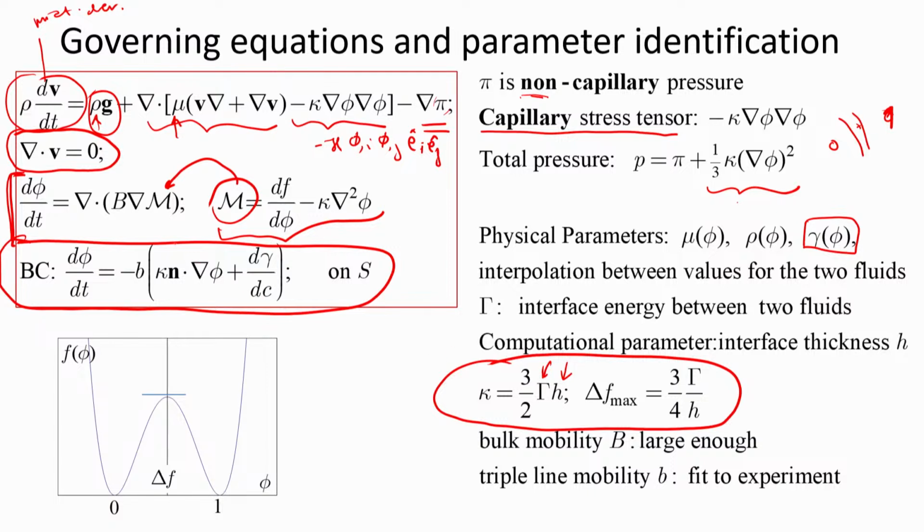Two more mobilities. I have mobility in the bulk and mobility on the surface. This mobility on the surface is a real physical parameter. Bulk mobility is a fake parameter. I just need it to be large enough not to obstruct the motion of the surface. Because keep in mind, this df over dt is non-zero only within a thin interface region.